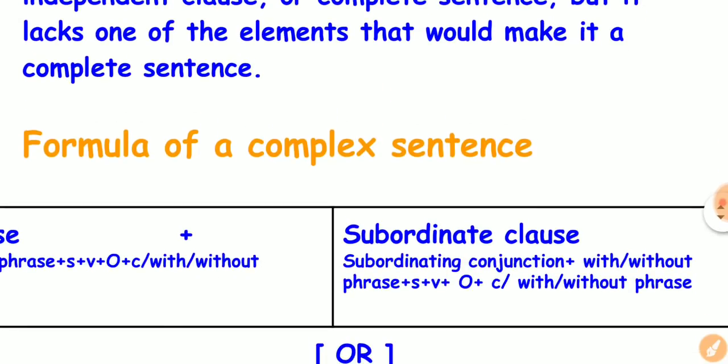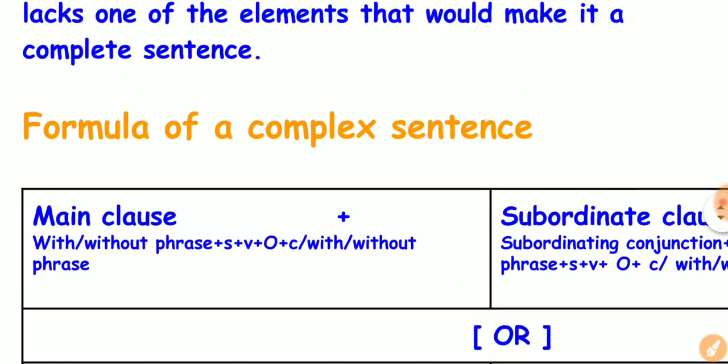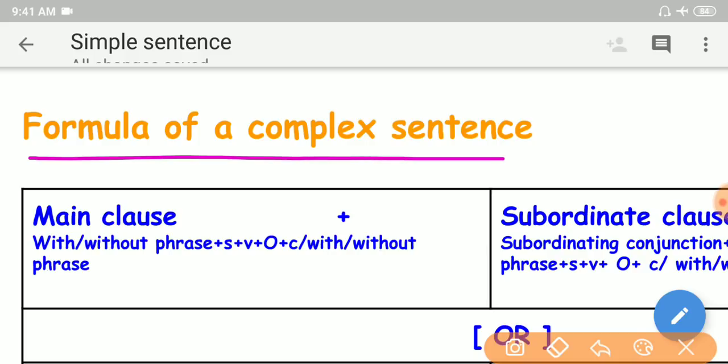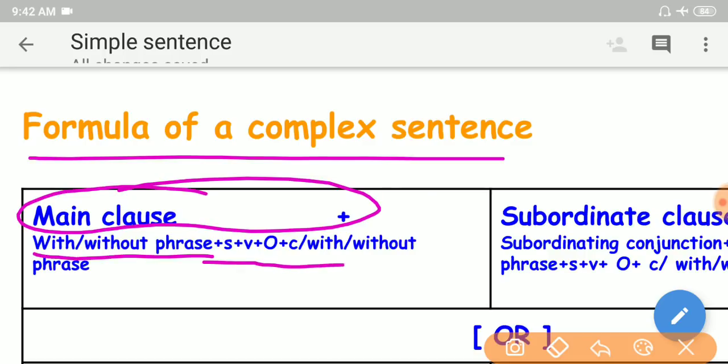Formula of a complex sentence. See, my dear friends, a complex sentence should have one main clause. Main clause is also called independent clause, and also principal clause. So what is that main clause? I already told you, independent clause or main clause is nothing but the same as a simple sentence: with or without phrase, subject, verb, object, complement, with or without phrase is the main clause, my dear friends.